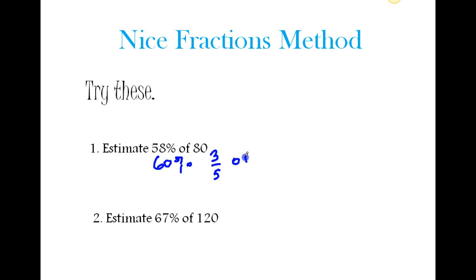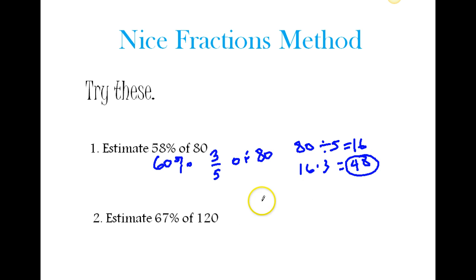So I want to find 3/5 of 80. So I'll take 80. I divide by the denominator 5. It's 16. Take that 16 and multiply it by the numerator 3. And I get 48. 48 is my estimate.